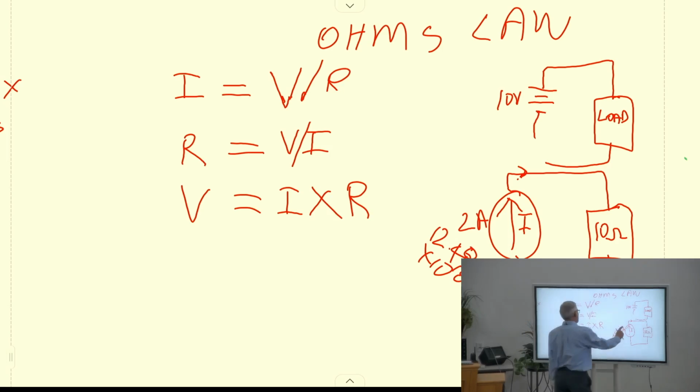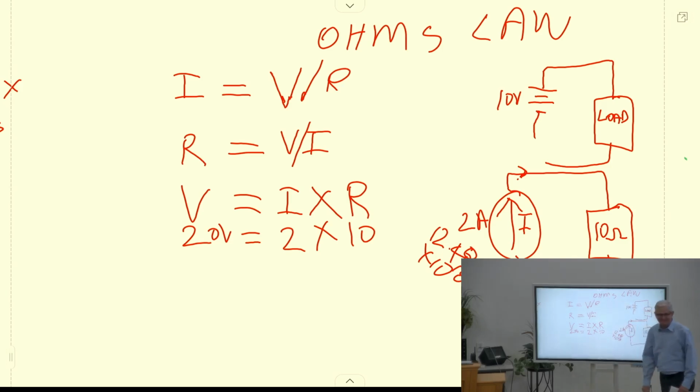I'm pumping 2 amps, 2 times the resistance of 10 is going to equal 20 volts. See that?